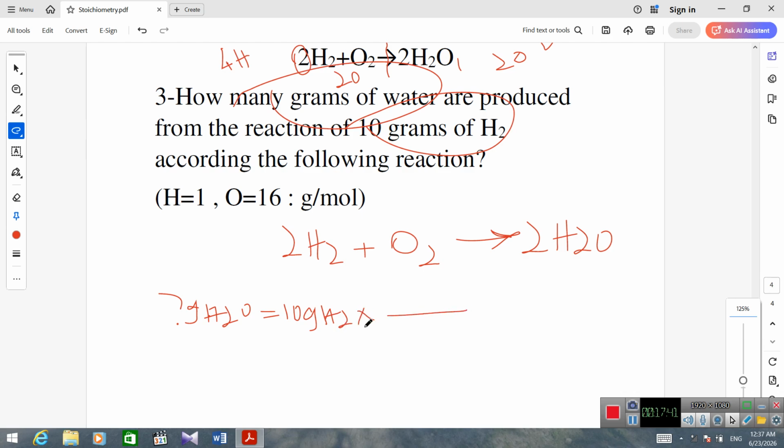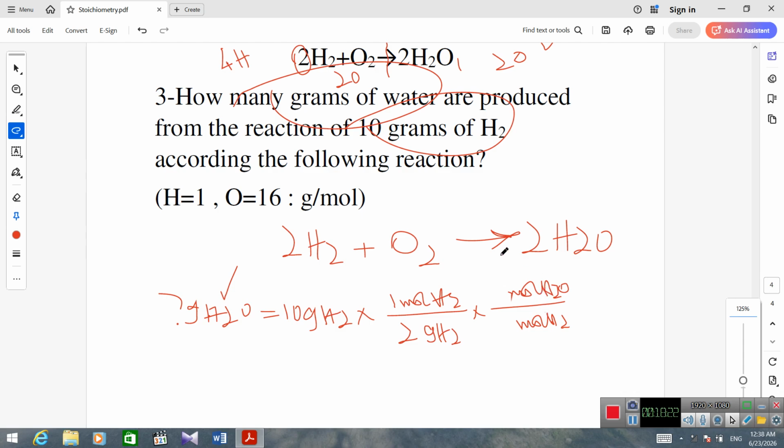Because stoichiometry starts with grams, the first fraction must be grams of H2. H is 1, so H2 is 2 grams, molar mass, is 1 mole of H2. Again, as I said, we definitely need the mole ratio, mole H2, and question data mole H2O.